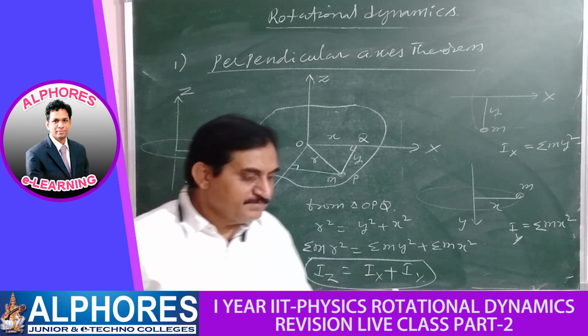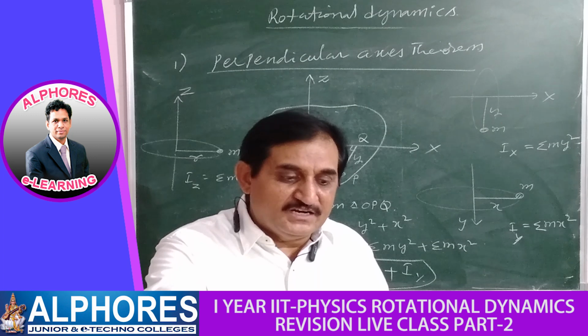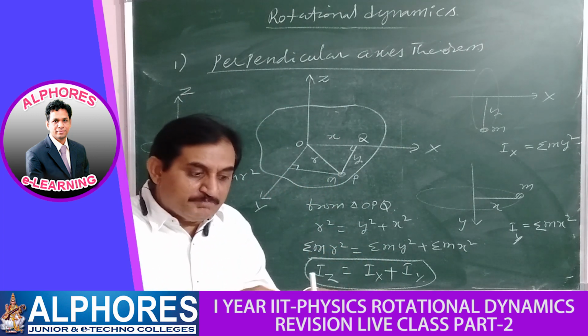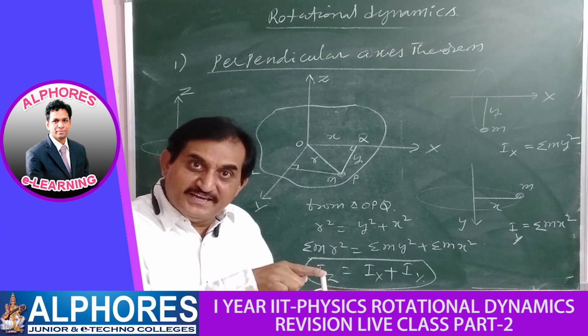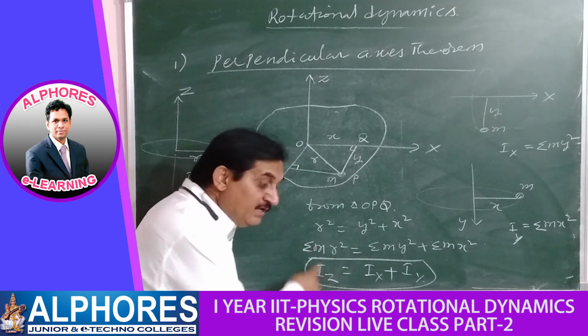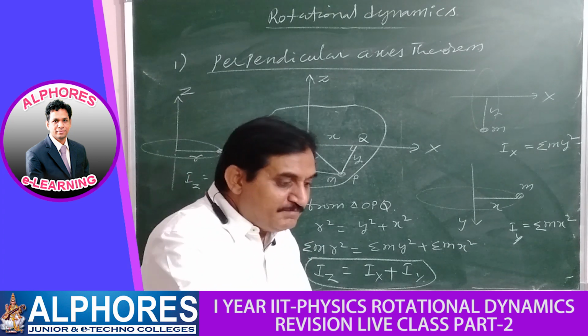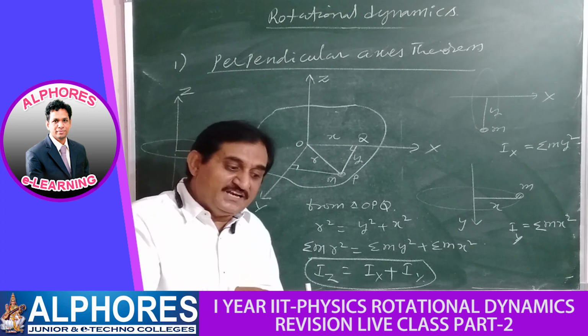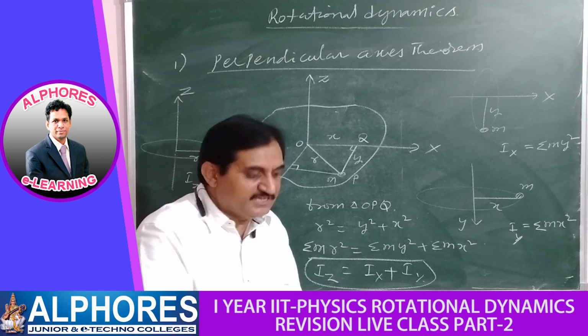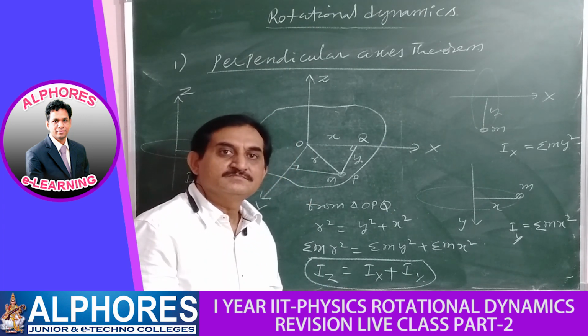Now the statement is, the moment of inertia of the plane lamina about an axis passing through a point perpendicular to the plane, what is this? The z-axis, Iz, is equal to the sum of the moments of inertia of the plane lamina about two mutually perpendicular axes, x and y.